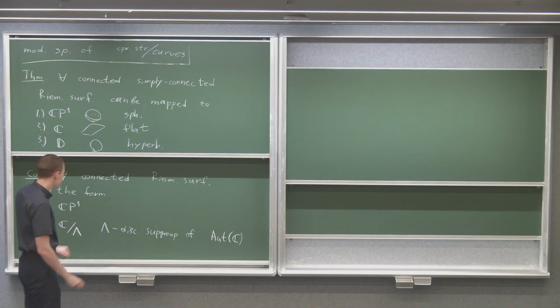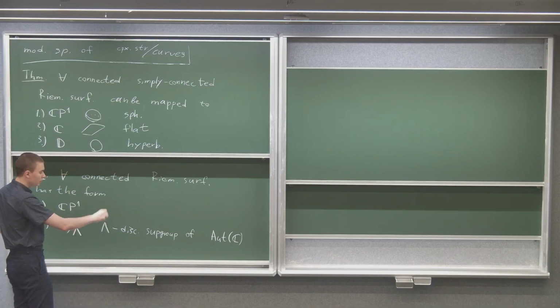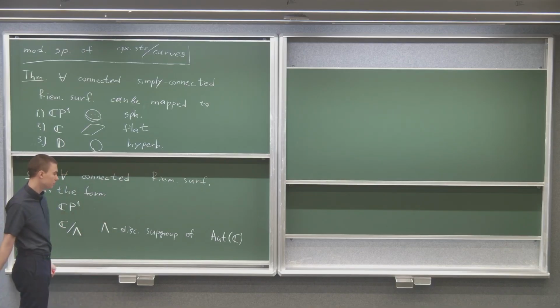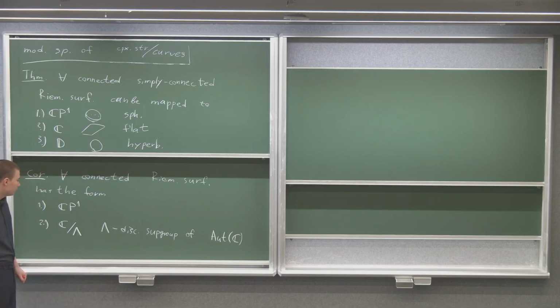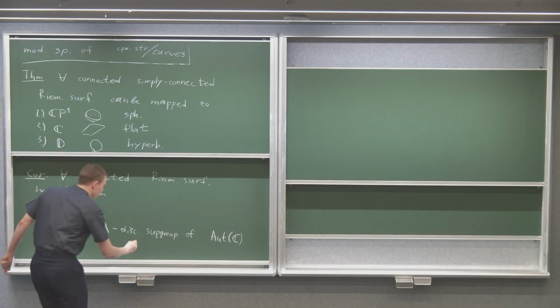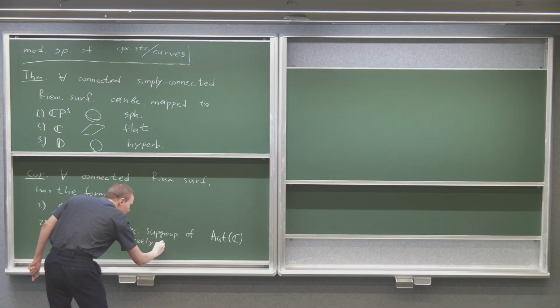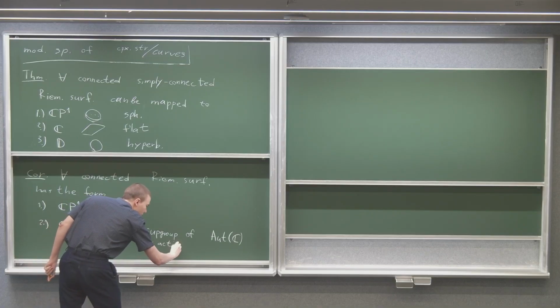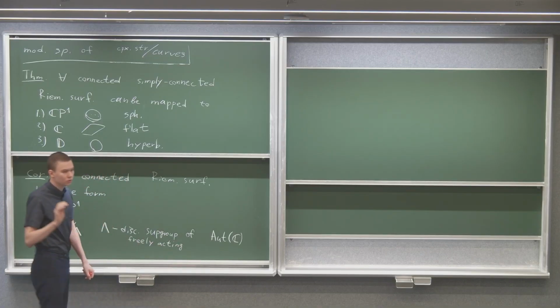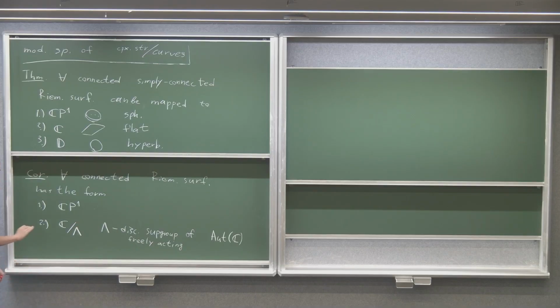Here, I could have written the same thing: CP1 quotiented by some discrete subgroup of automorphisms of C. However, oh yeah, and also, sorry, there's another thing. This should be freely acting. So the actions should be free. No fixed points for all the elements except for the identity.